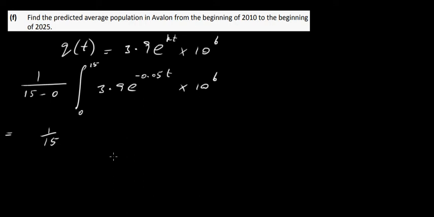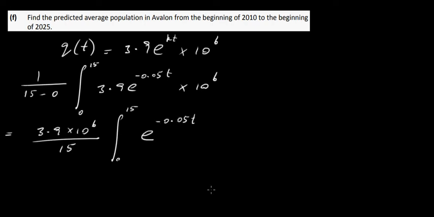We have a constant here and a constant here. They're all multiplied, so I'm going to bring them outside the integral symbol. So it's going to be 3.9 by 10 to the power of 6 over 15. So now all I've really got to do is integrate from 0 to 15, e to the power minus 0.05t, and this is with respect to t, of course.